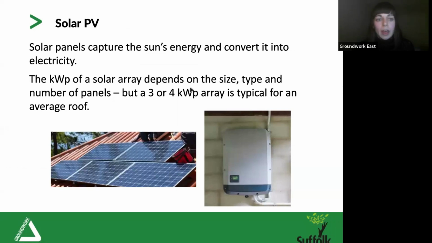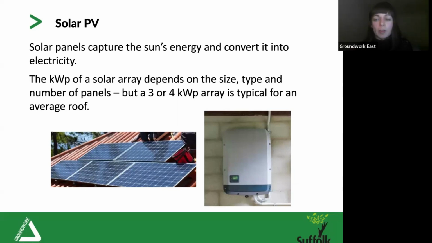So solar PV. These are solar panels that go on people's roofs, sometimes ground mounted as well, but they work by capturing the sun's energy and converting it into electricity that we can use within our homes. The solar PV systems themselves are rated in kilowatt peaks, or kWp, and this is the maximum rate of electricity generation at its peak.